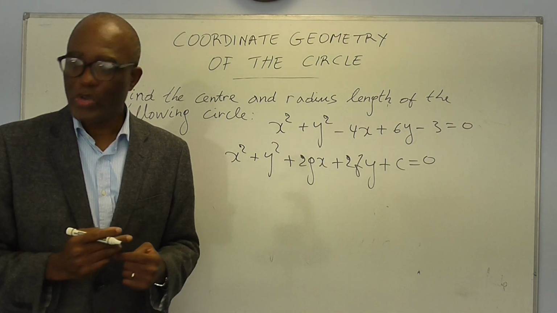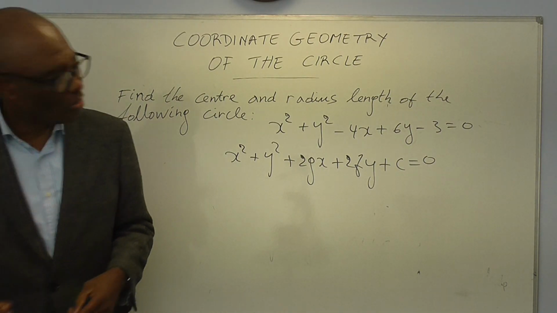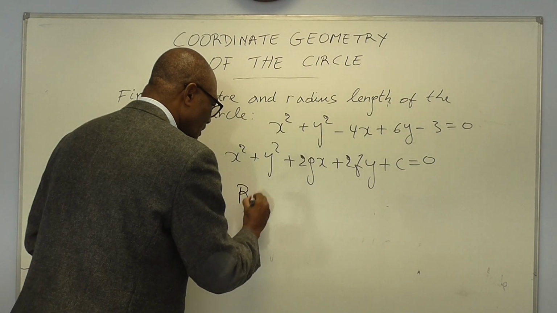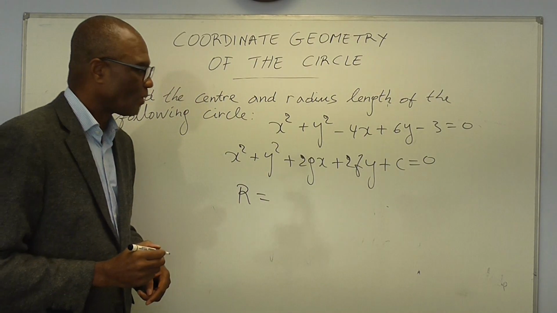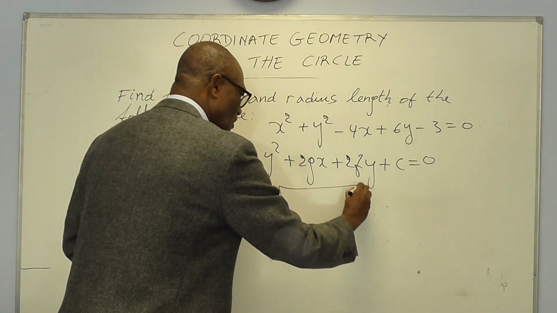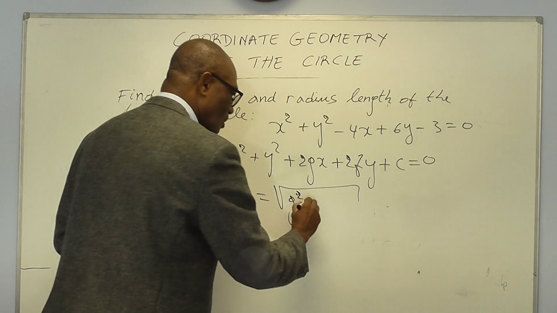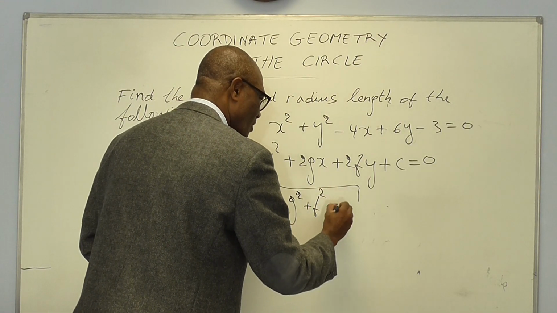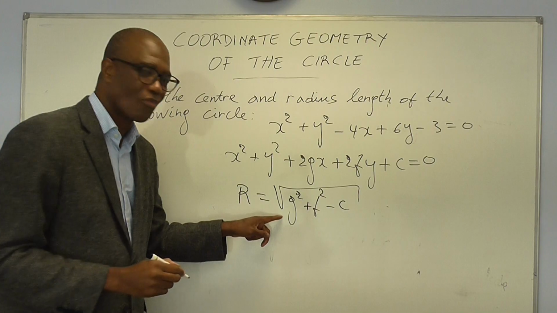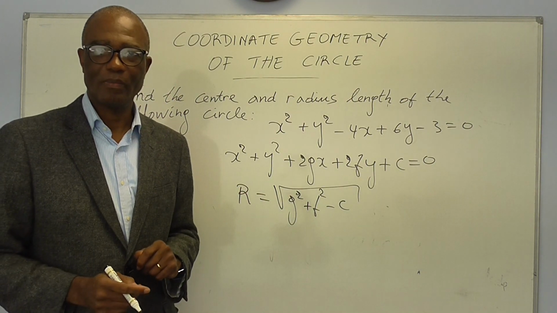And we also know the radius can be written in this form: the square root of g squared plus f squared minus c. So this is the formula to get the radius of the circle.